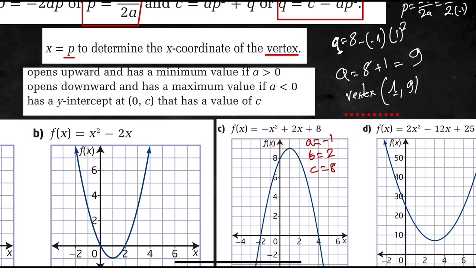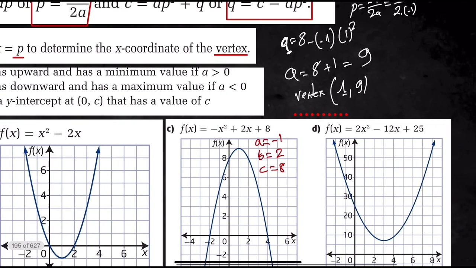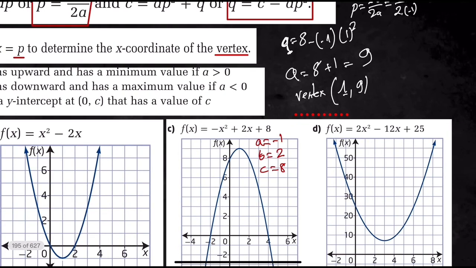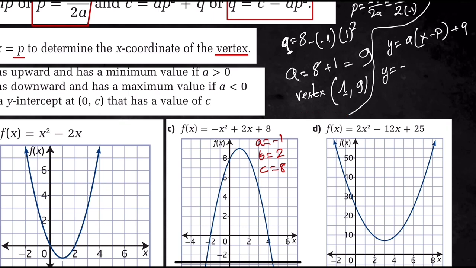From there, I can actually write my vertex form equation. I know it's y equals a times x minus p squared plus q. So my vertex form is a is minus 1, so minus 1 times x minus 1 squared plus q, which is 9, plus 9.